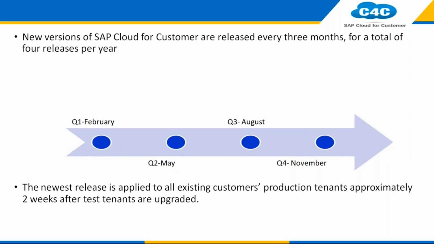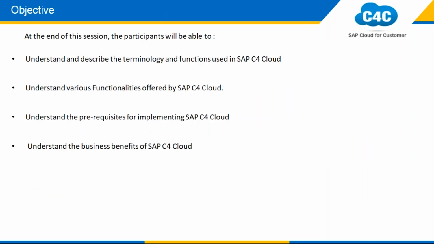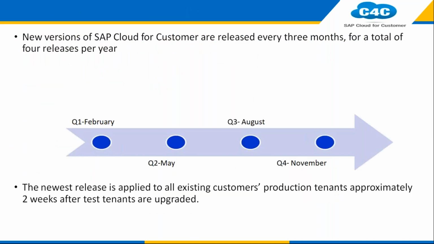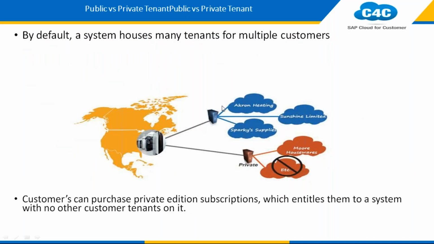So when the upgrade happens, it happens at the server level. All these cloud applications are within a server, so whenever the upgrade happens, all the applications are automatically upgraded in the case of a public tenant.